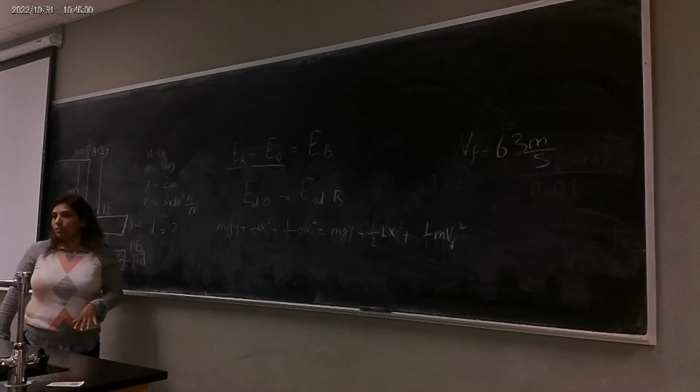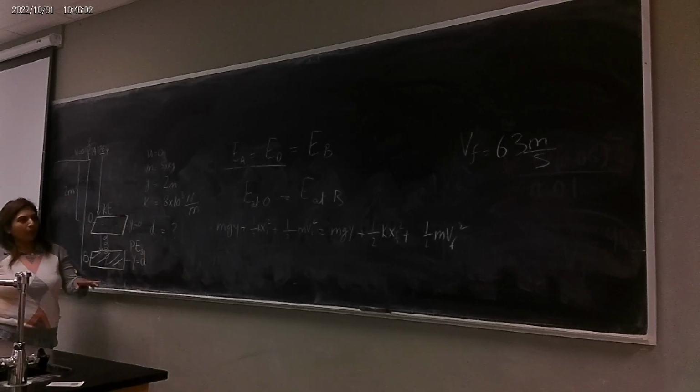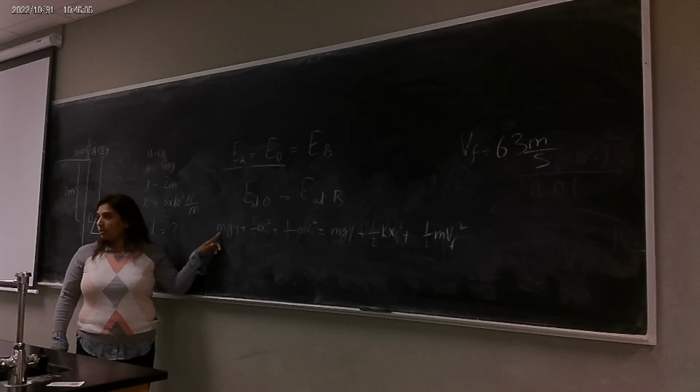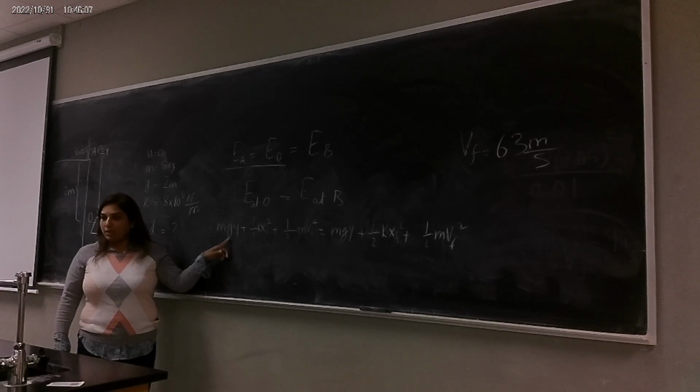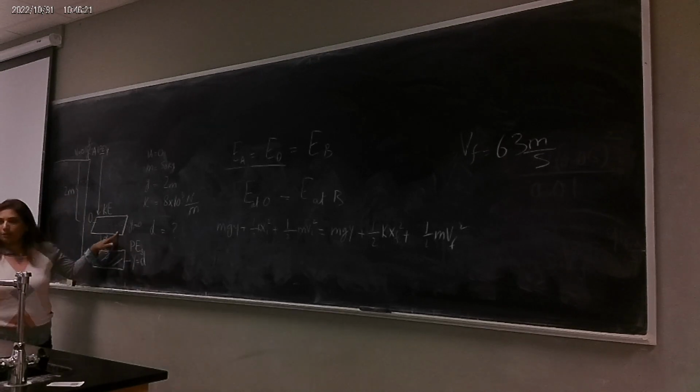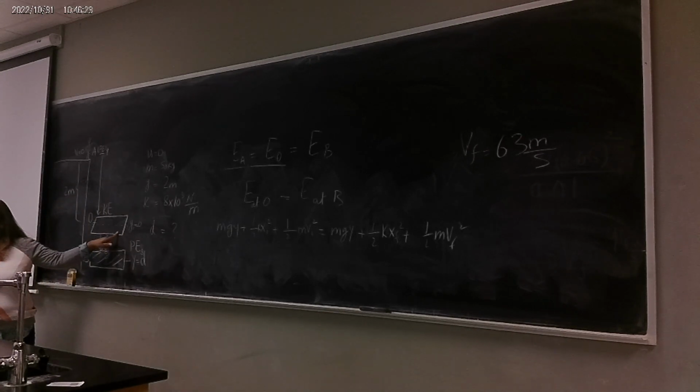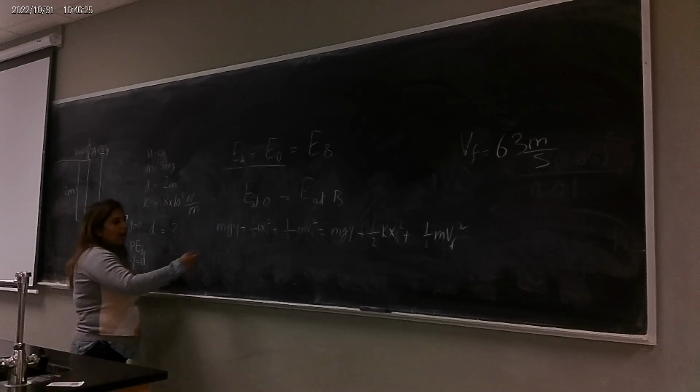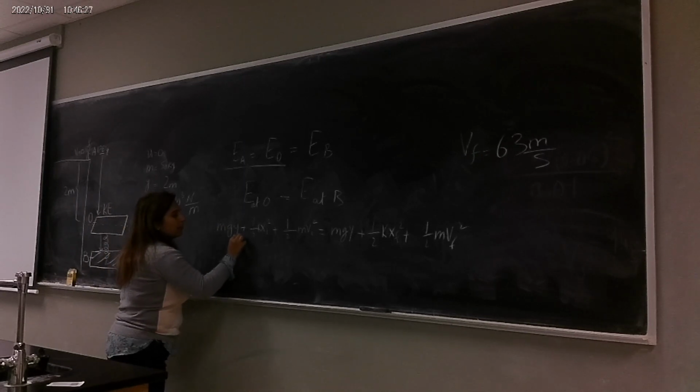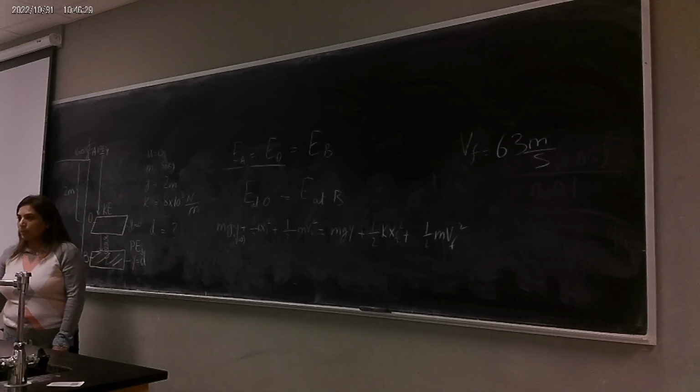Now let's go through each one of them slowly. Do we know mass? Yes. G? Yes. What about Y? No. What is Y at point O? 0, right? Because it is on the platform. So this Y is 0. Good?